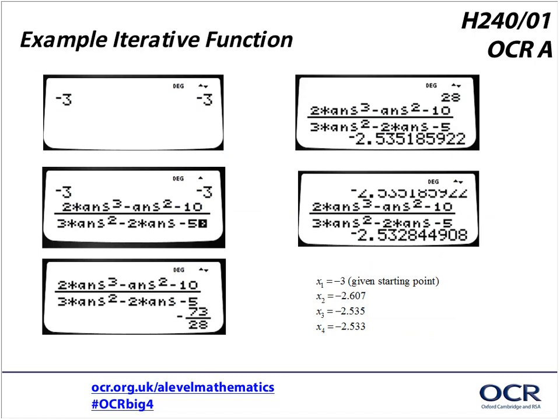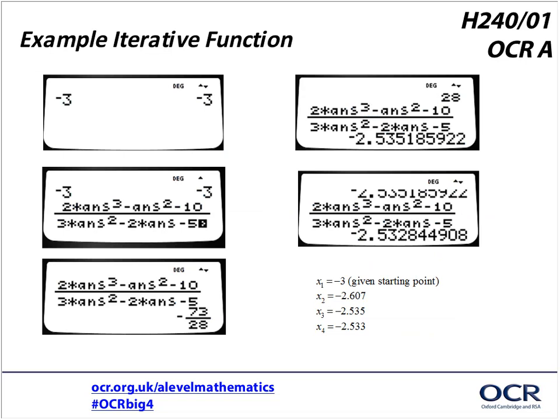Now, the key thing when using the iterative function, the answer recall button on the calculator, is to remember to put in your starting point first and press equals before putting in the formula. So this is the image for the Texas.